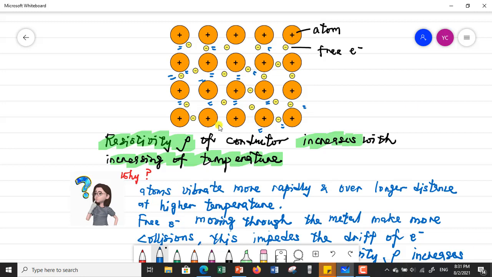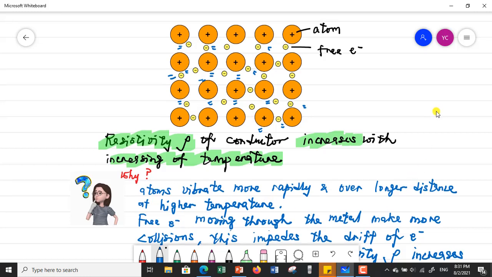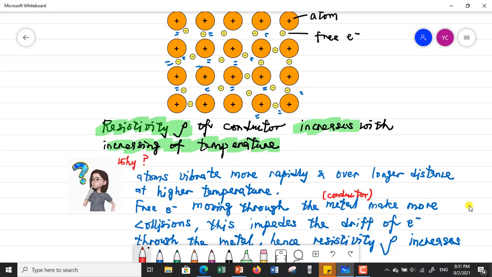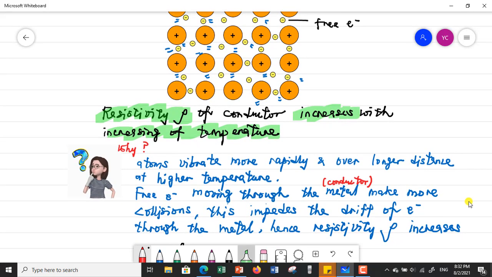As the atoms vibrate over a larger distance at higher temperature, it will be harder for the free electrons to drift through the conductor. The metal here actually refers to the conductor, because only metal can conduct current, right? So at high temperature, the free electrons moving through the metal will make more collisions.